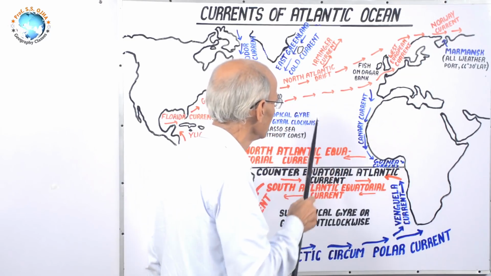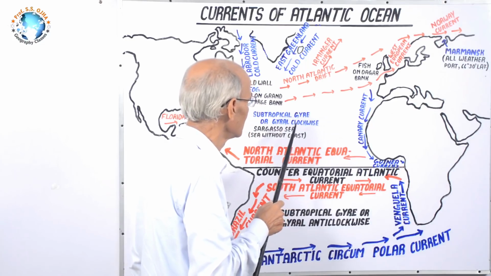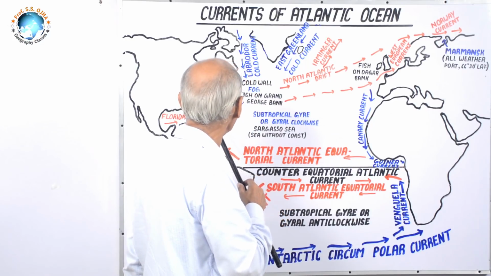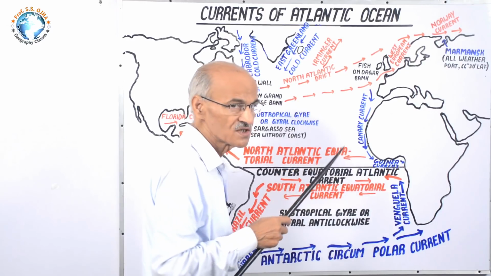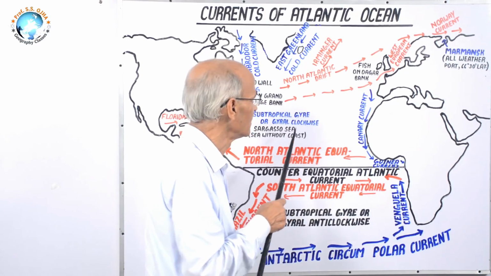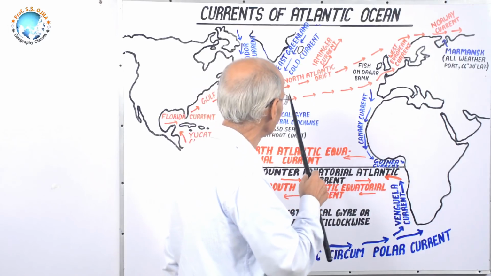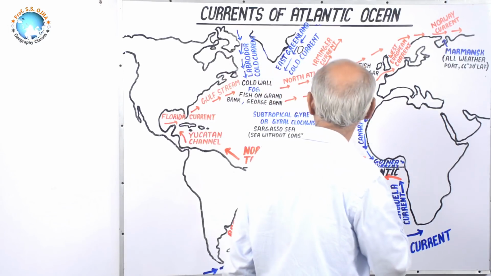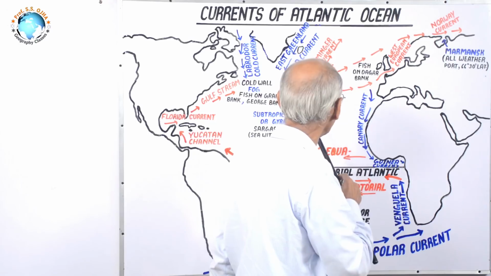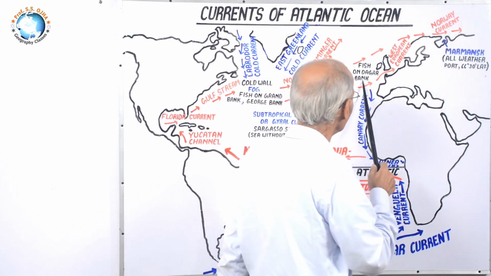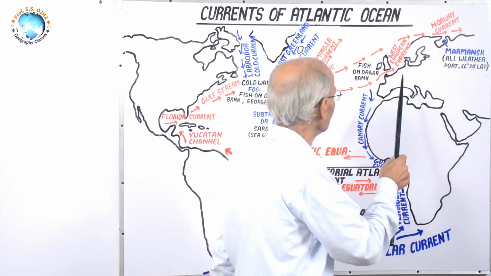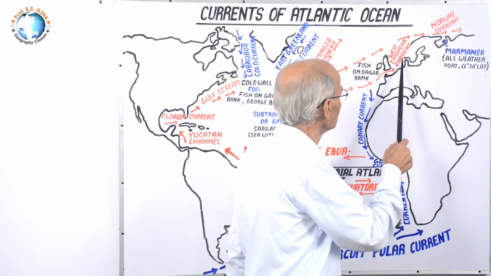This is a drift. This is not called a current, because currents generally move along the coast, while a drift is in open seas driven only by wind, and this is westerly wind. That's why it is called the North Atlantic Drift. And this carries warm water relative to that in the North Sea.